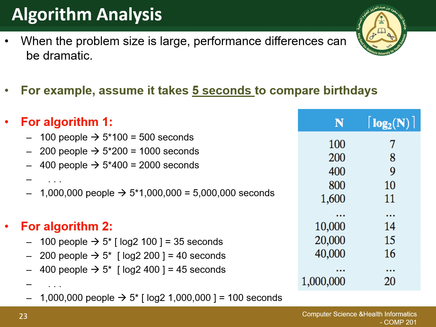If I have 1 million people, 5 multiplied by 1 million equals 5 million seconds. Days, weeks. For algorithm 2, we said time is proportional to the number of rounds.